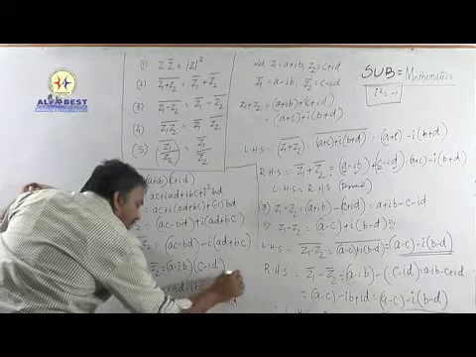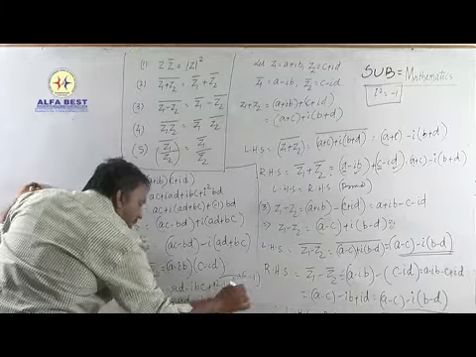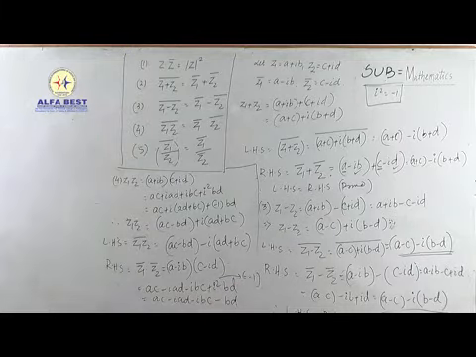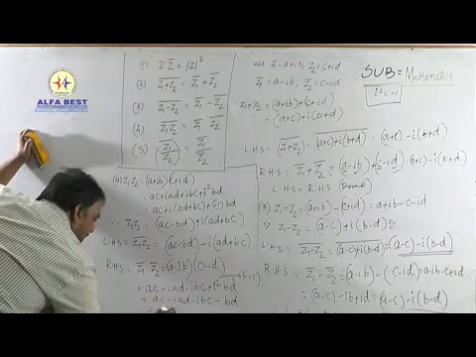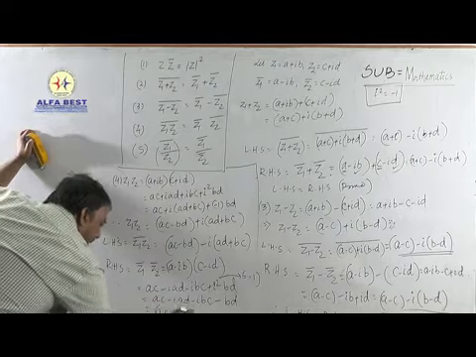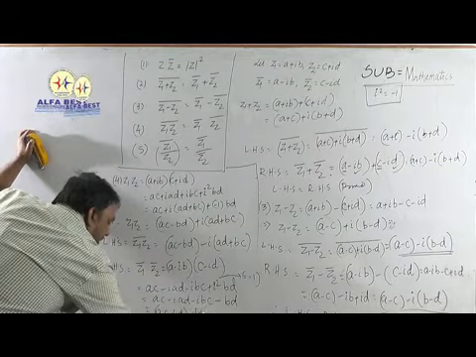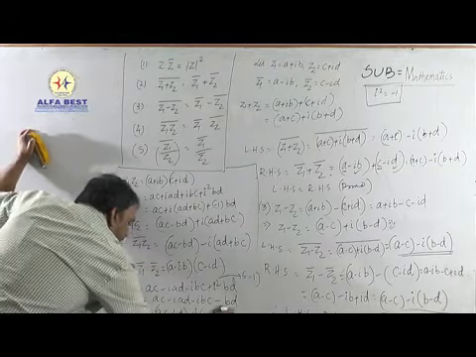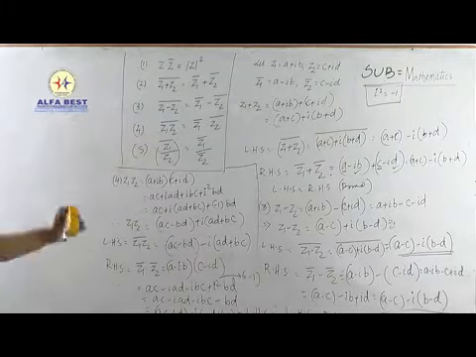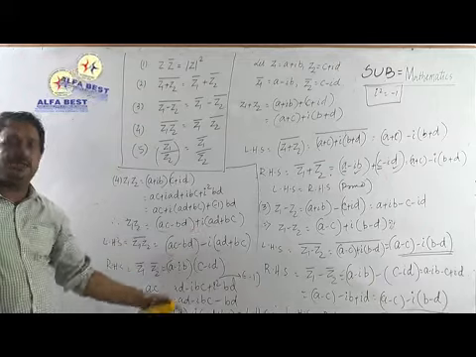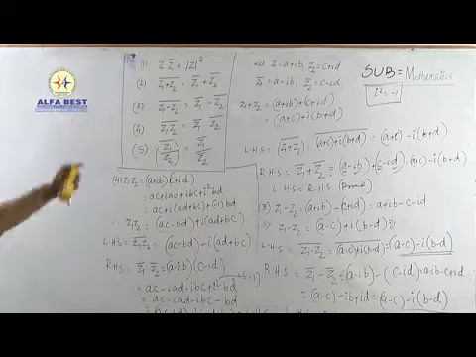So collecting the real and imaginary terms, this will be AC minus BD minus I into AD plus BC. If you compare with the LHS here, you will see that RHS is equal to LHS. So question number 4 is proved.